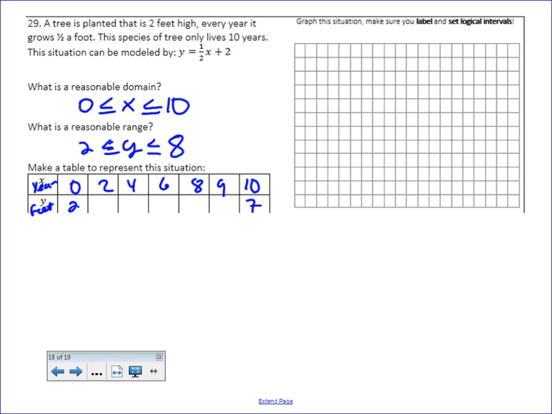So then for years, I'm going to go 0. We can go 1, 2, 3, 4, 5, 6. Yeah, I think we got enough space to double this out. So let's go 0, 1, 2, 3, 4, 5, 6, 7, 8, 9, 10. You always want to use as much of the graph as possible. And then for heights, we'll do something similar. 1, 2, 3, 4, 5.